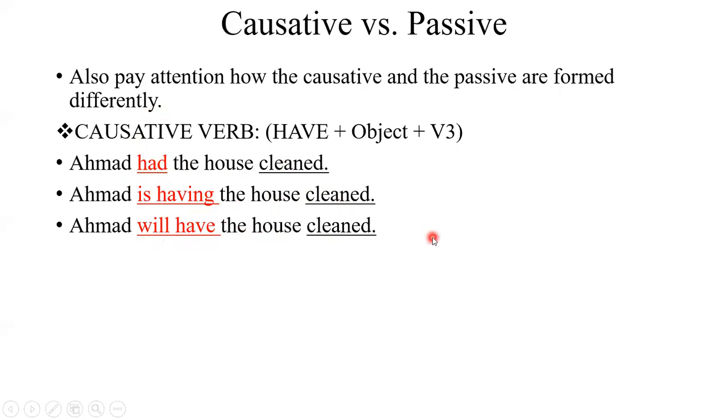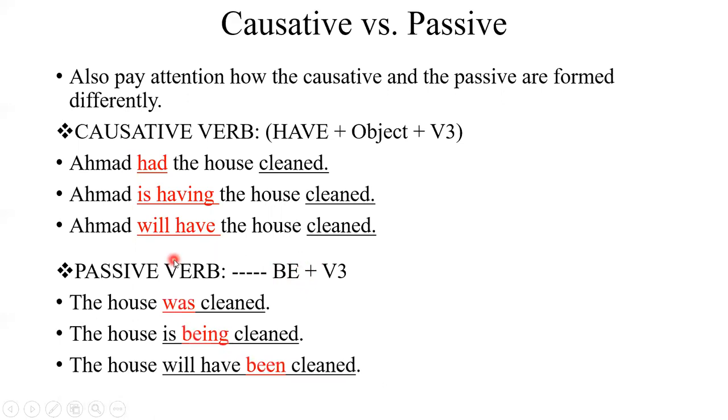How about the passive? The passive verb is made up of verb be followed by a verb 3. There's no object in the middle, and verb be can come with other helping verbs as well. But it's always followed by verb 3. Let's look. This is the causative in the simple past. This is the simple past in the passive.